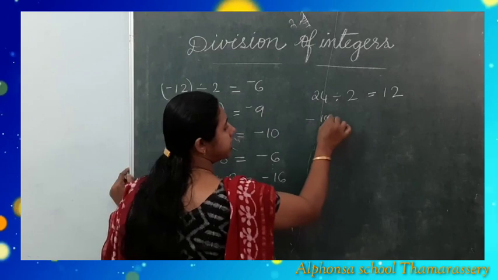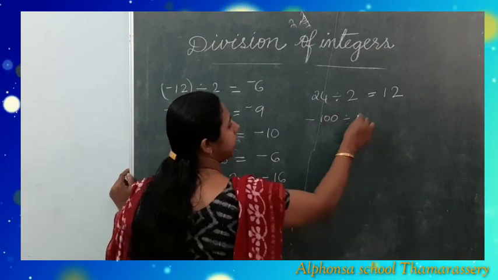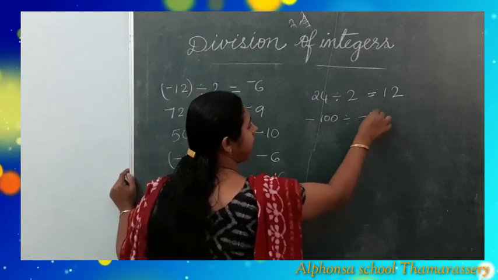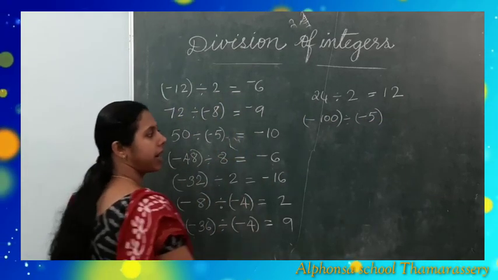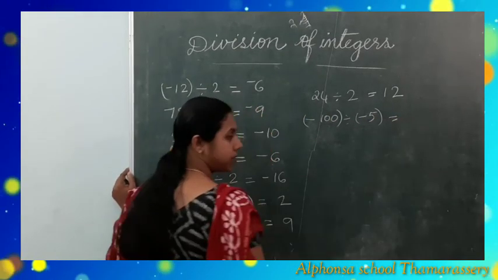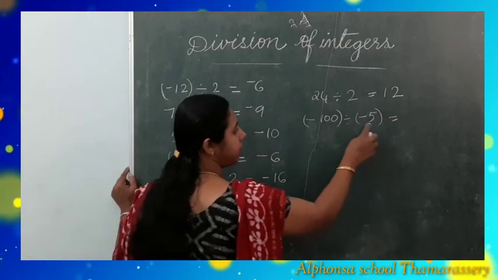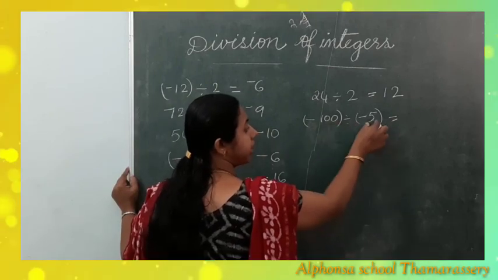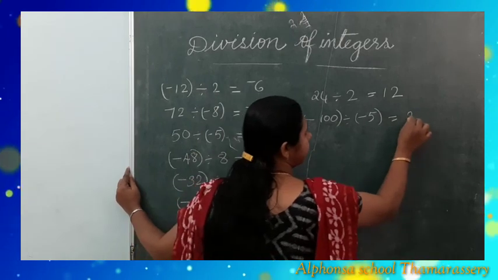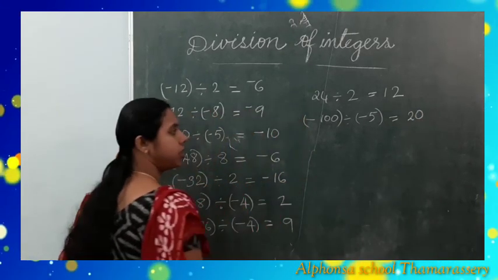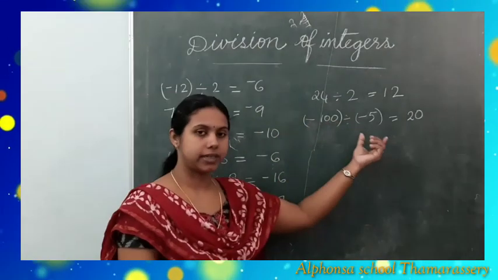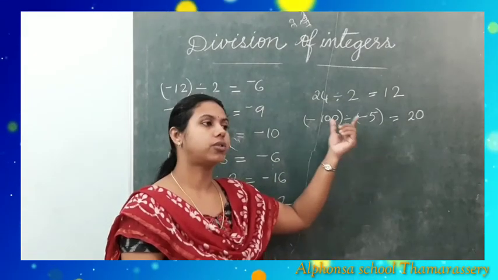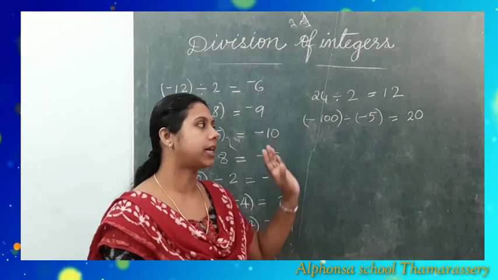Negative 100 divided by negative 5. Negative by negative is positive. 100 divided by 5 is equal to 20. So the answer is positive 20. If you are dividing a negative integer by another negative integer, you should divide as whole numbers and keep a positive sign before the quotient.